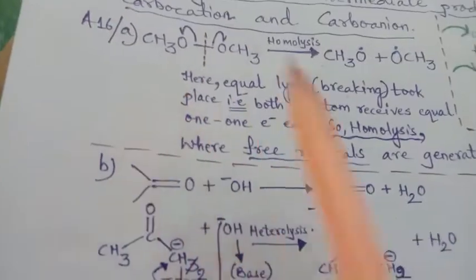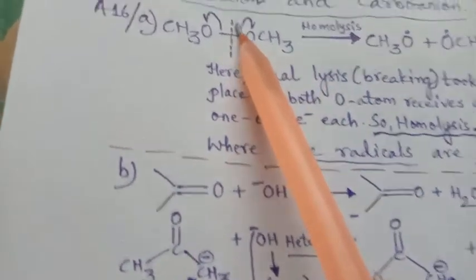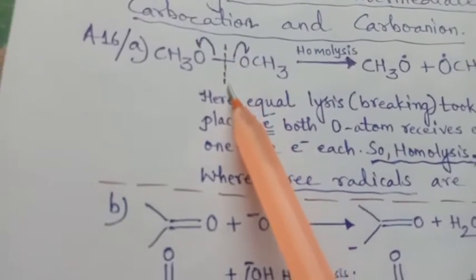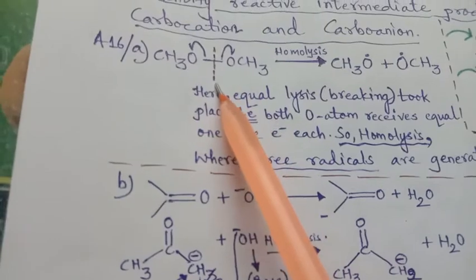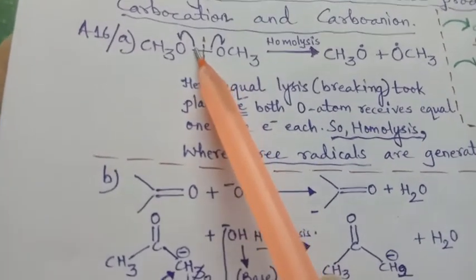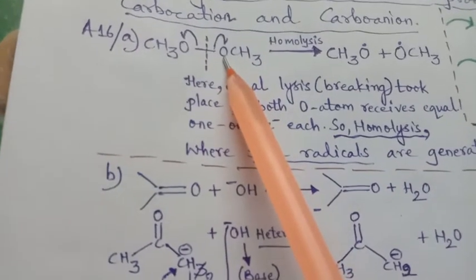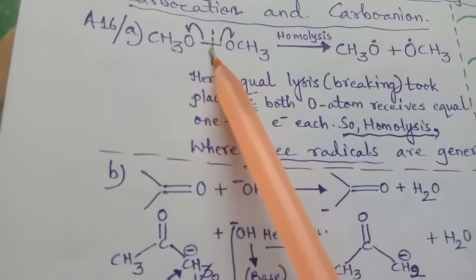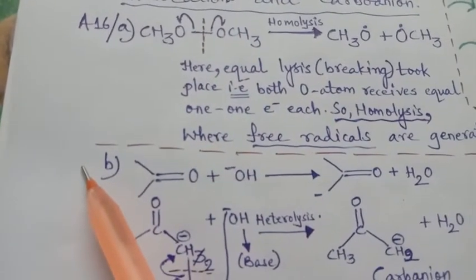Now what happens over here? As soon as the reaction starts, this bond will start getting cleaved. That means it will start breaking up. Now here, when this bond is breaking between two similar atoms, both will receive a similar electron, right?